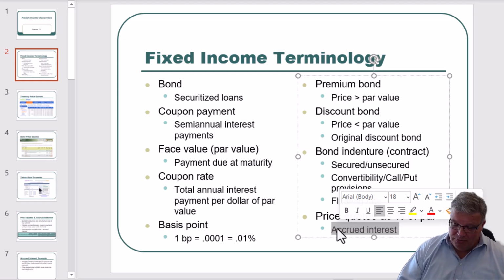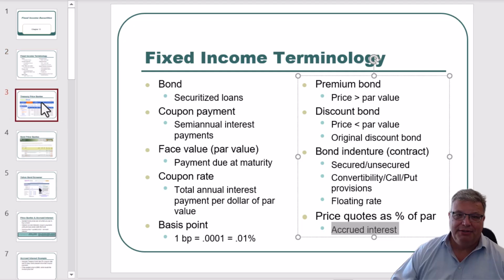With the way bonds work, when you sell that bond, the buyer has to pay you now for those 3 months of interest that you're not going to get, because you owned it while that interest was accruing, but it hasn't been paid yet. So we have this accrued interest that we have to calculate, which takes into account how long the seller owned the bond during that 6 month period between interest payments.